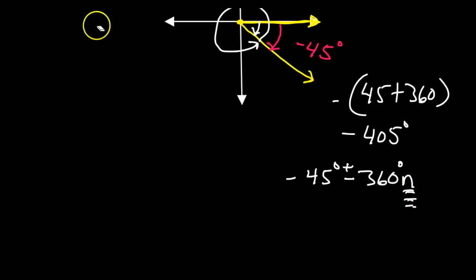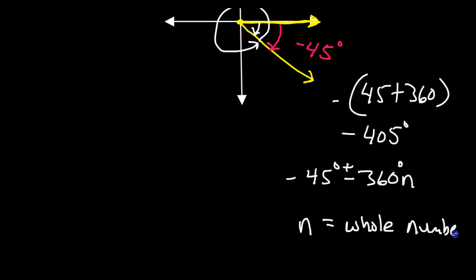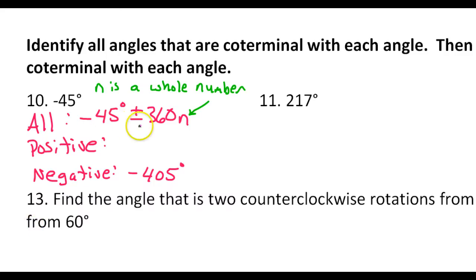So you could have a formula representing all of the coterminal angles if you start with your initial angle and then add or subtract 360 degrees in multiples of n, where n is a whole number. So that's one way you could do it.